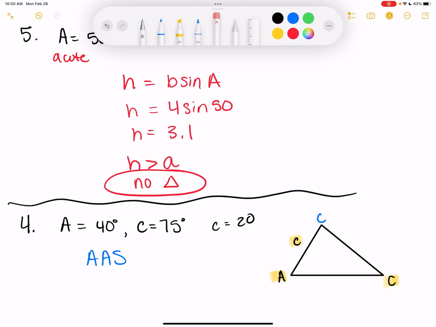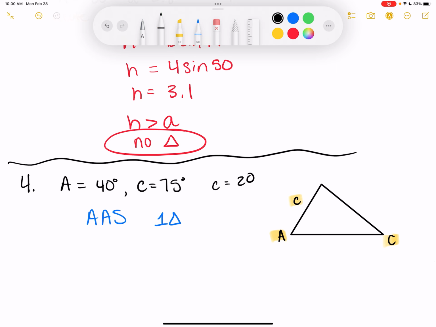So angle, side, angle, and that means how many triangles? One. Angle, side, angle and angle, angle, side are always one triangle. The only one that's difficult is side, side, angle. So we're done. Problem solved. One triangle.